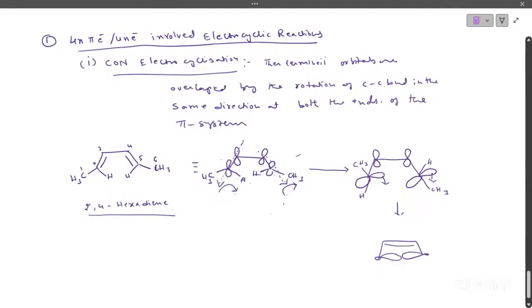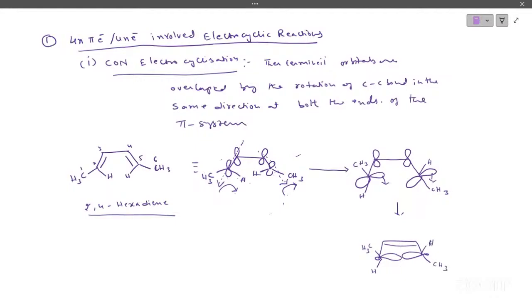The sigma bond is established between these two carbons. Now this is the pi bond. After complete formation of this sigma bond, the groups attached at C1 and C4 in the starting material will be placed like this.